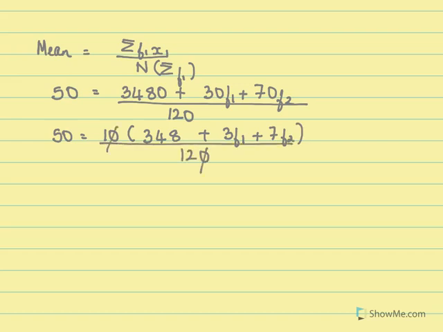So this cancels. Now 50 into 12 equal to 348 plus 3F1 plus 7F2.